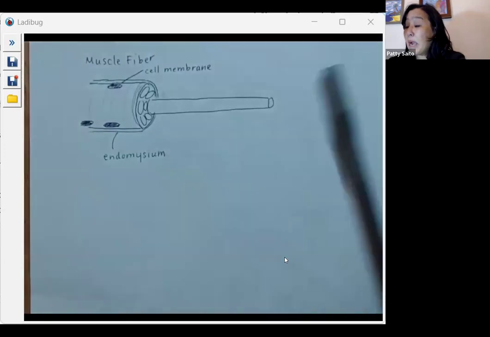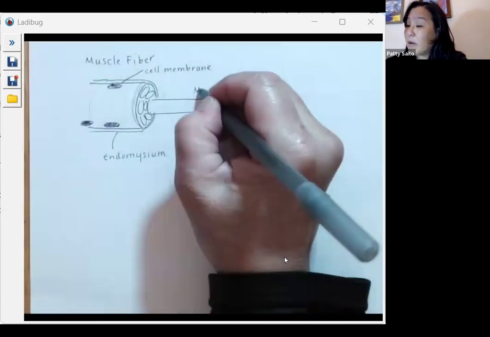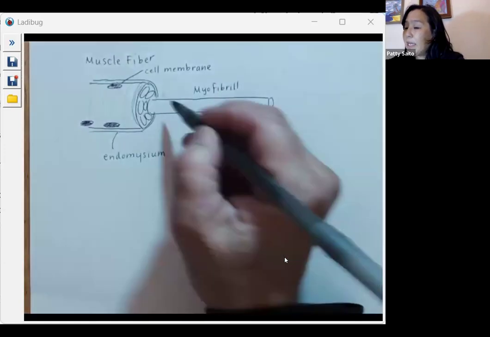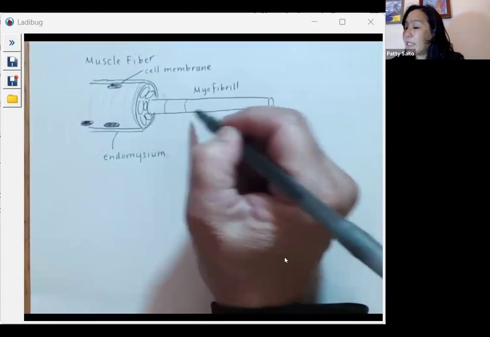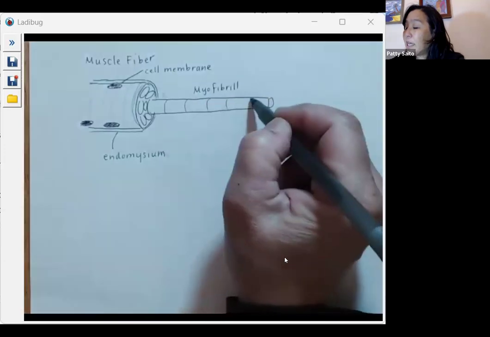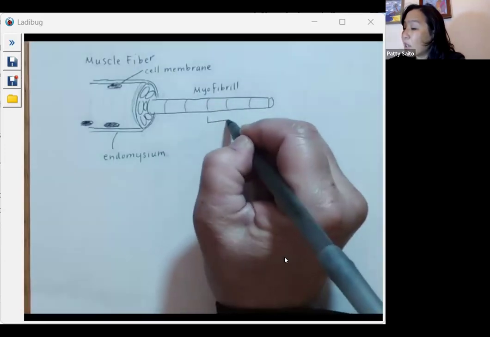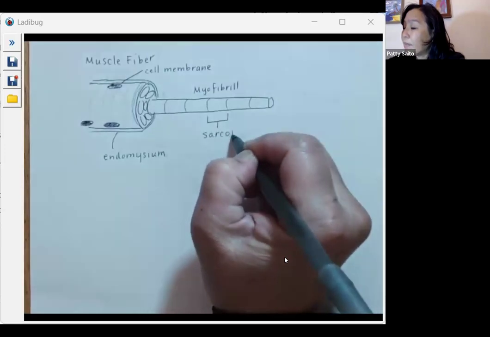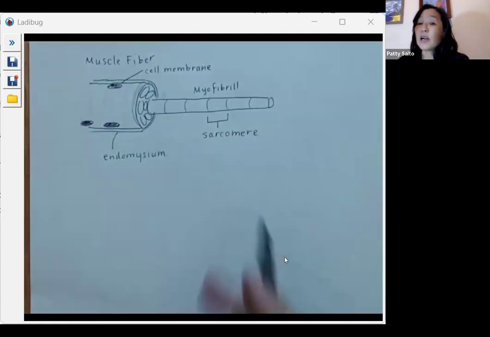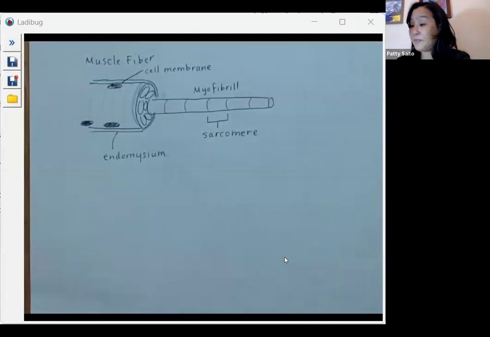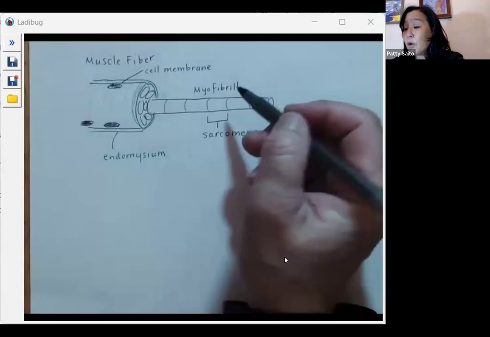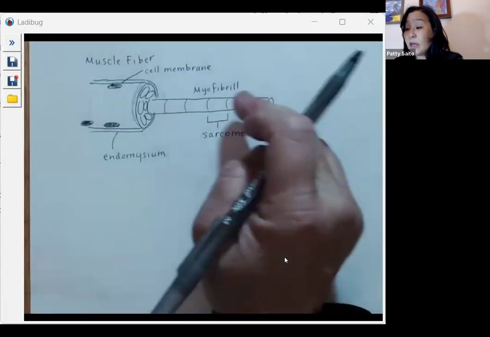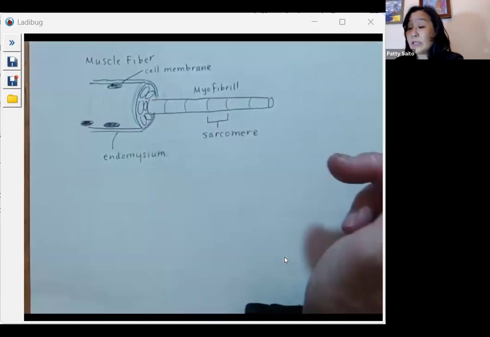Now, within the myofibril, so this is the myofibril, it is divided into sections. Each one of these sections is called a sarcomere. Sarco also refers to muscle. All right. So these sarcomeres are repeated over and over and over again in these myofibrils.